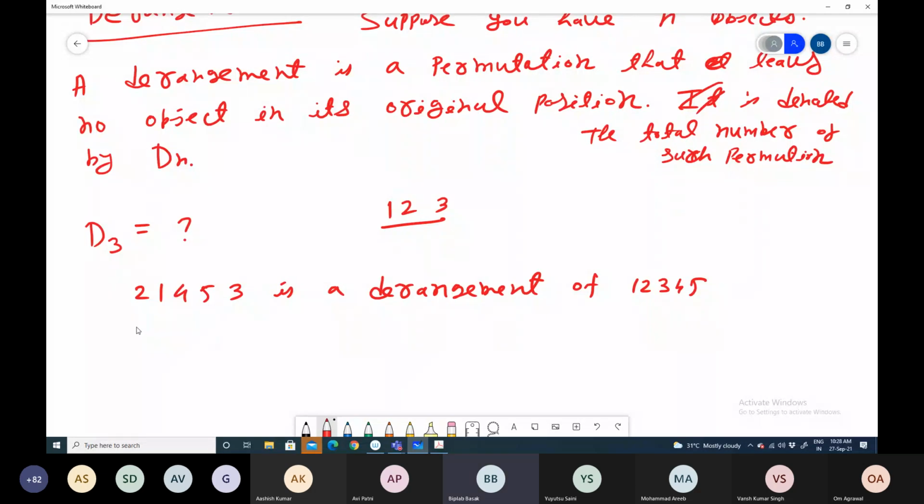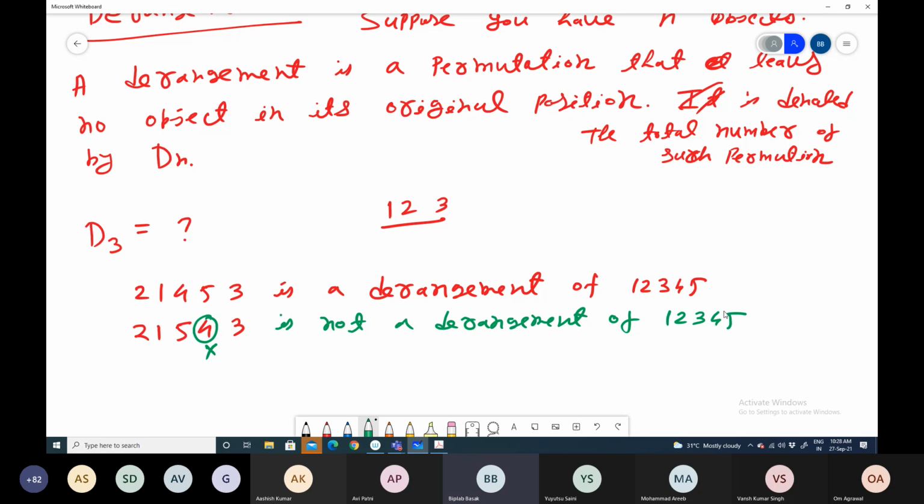But if you take 2, 1, 5, 4, 3, is this a derangement of 1, 2, 3, 4, 5? No, because 4 is in the same place. It is not a derangement. Okay, now this is called derangement. Now you can tell me what is D3?